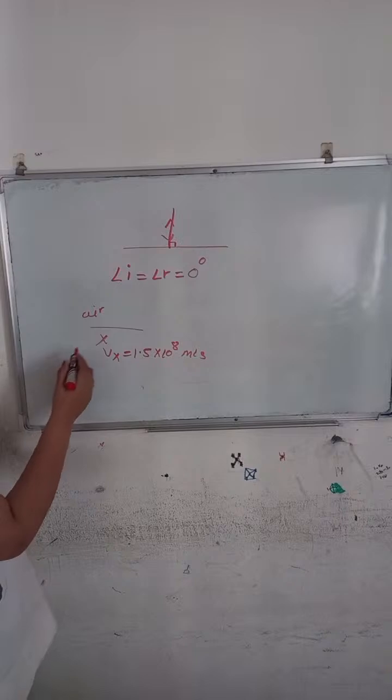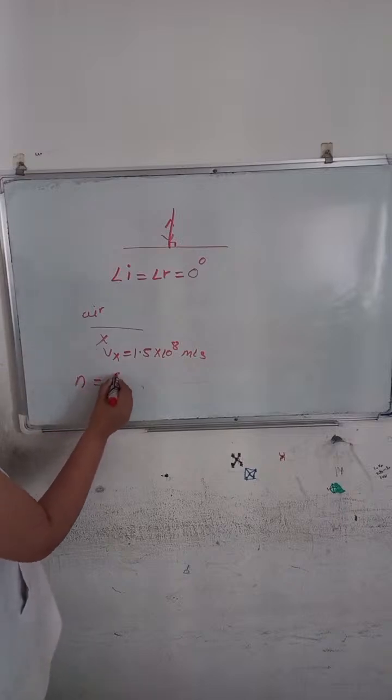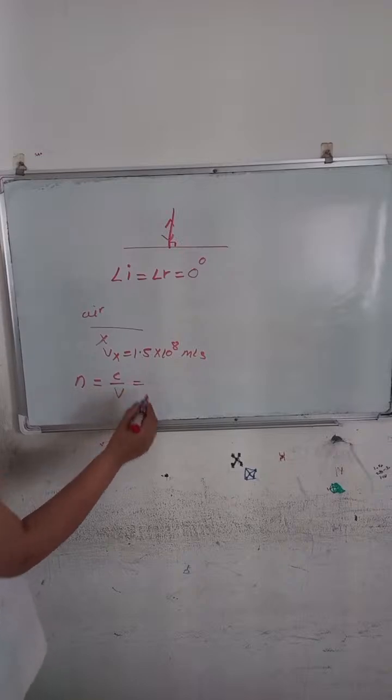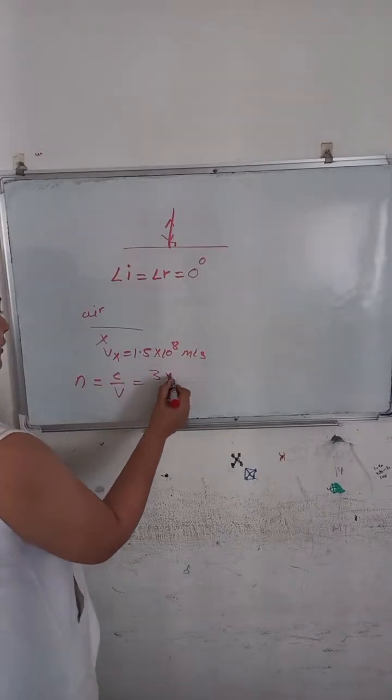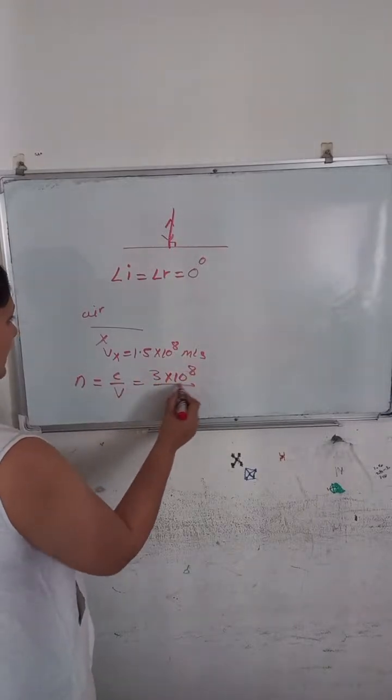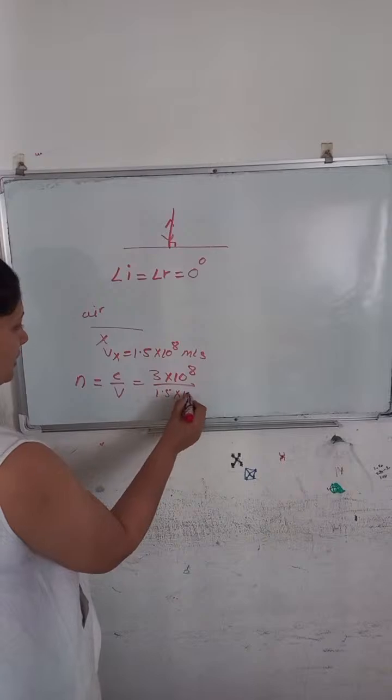I know that n is equal to c by v. c is not given, so we take the default, that is 3 into 10 raised to 8 meter per second, the speed of light in air. So this is 3 into 10 raised to 8 divided by 1.5 into 10 raised to 8.